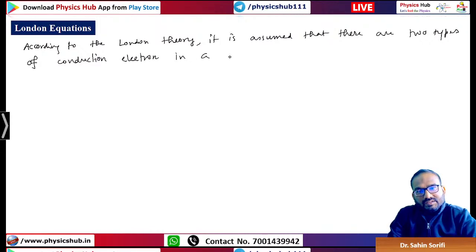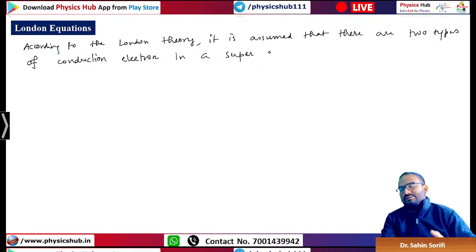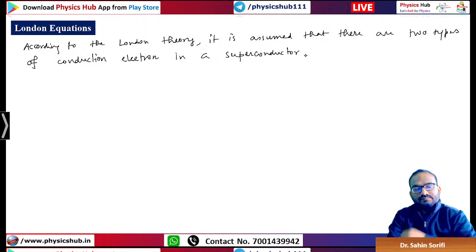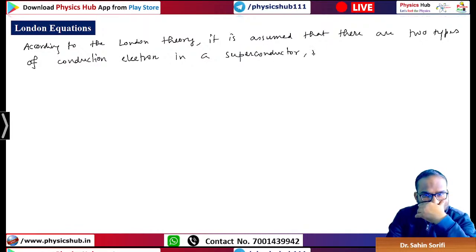in a superconductor. Look, in a normal conductor the electrons will be called normal electrons. Inside the superconductor, when they are in a superconducting region, we'll call them superconducting electrons.